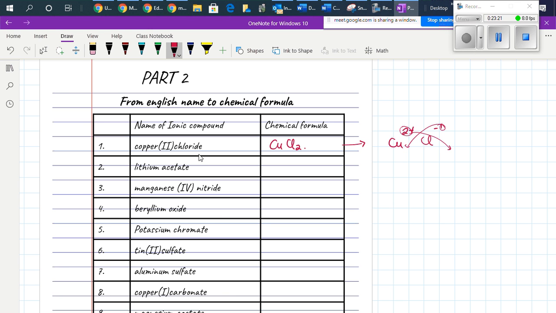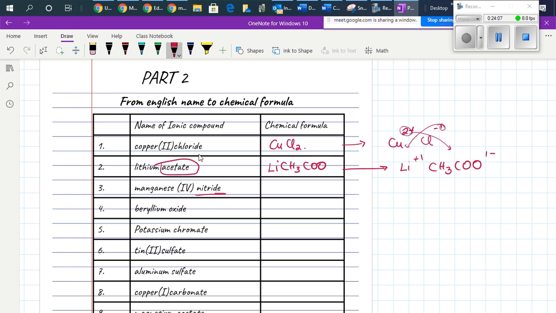Lithium acetate, as you notice here, acetate is not a common name for the elements of the periodic table, so the clue will be that you will have to deal with a polyatomic. So lithium is +1, a single valence, and acetate in the common polyatomic ions table is CH3COO 1 minus. So the formula will be LiCH3COO.